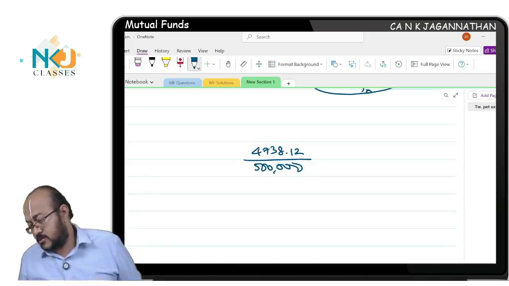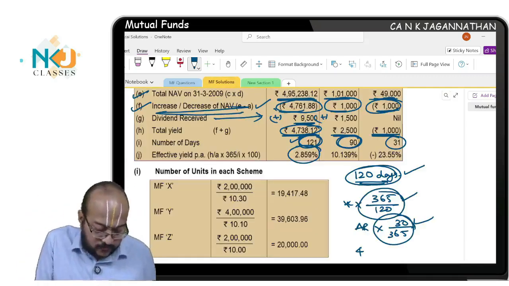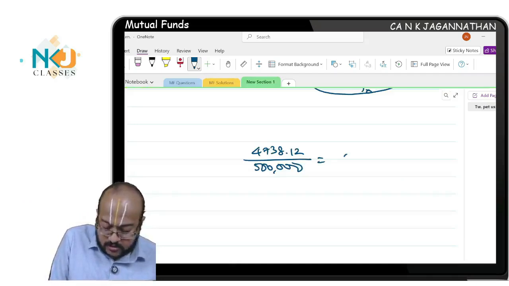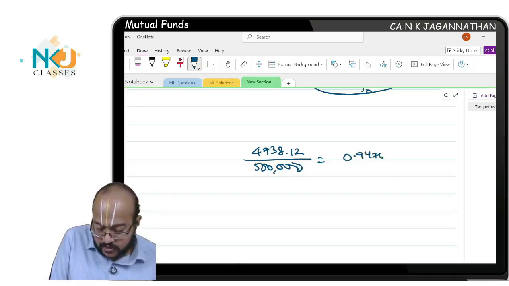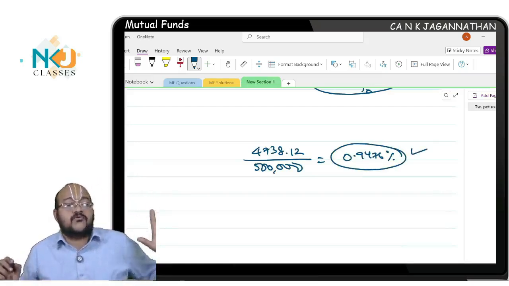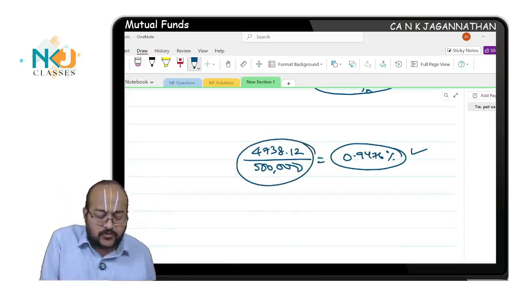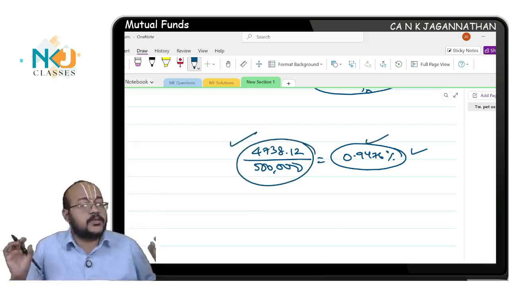See, this is 0.9476 percentage. Agreed? This is called holding period return, which means for the number of days you have held. So if you compute, this will be the holding period return.